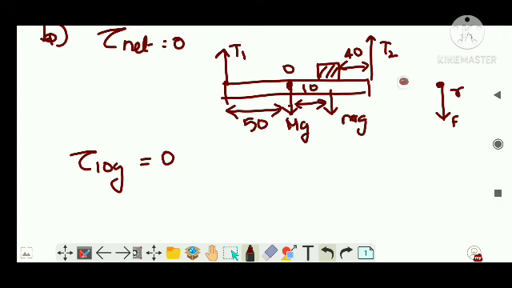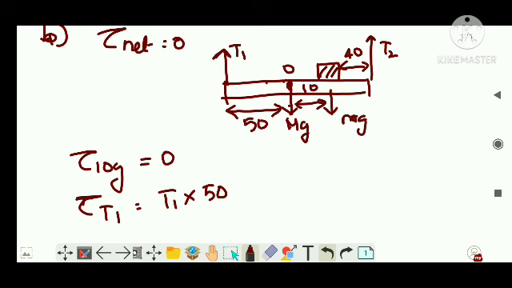If the point of rotation were elsewhere, then this distance would become r and I could multiply r into F. But here the force is acting on the axis of rotation, so that force causes no torque. Clear? Now similarly, torque due to tension 1. This force is at a distance of 50 centimeter from the axis of rotation, so I can write T1 into 50.